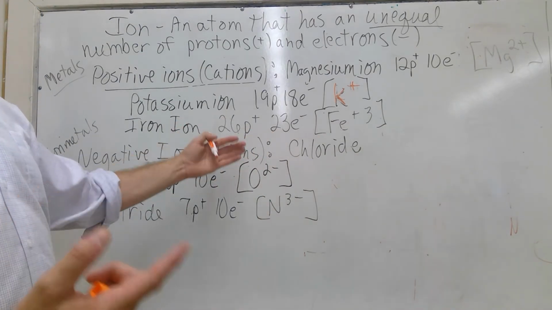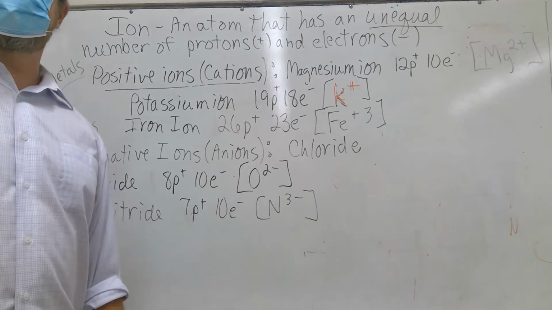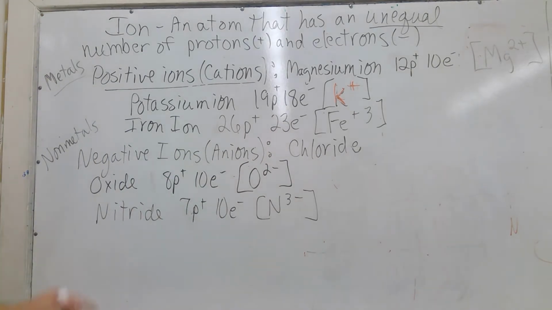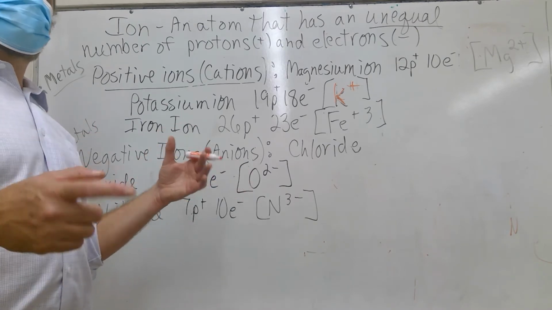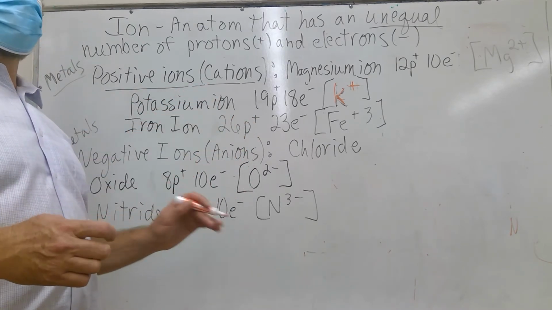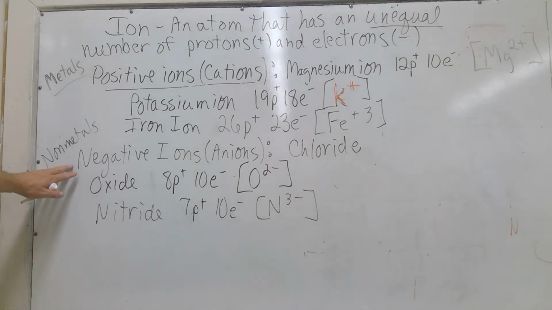So instead of having 26 protons and 26 electrons, there's 26 protons and 23 electrons. Now, some metals can actually lose more than one fixed number of electrons, but we'll be getting into that later.